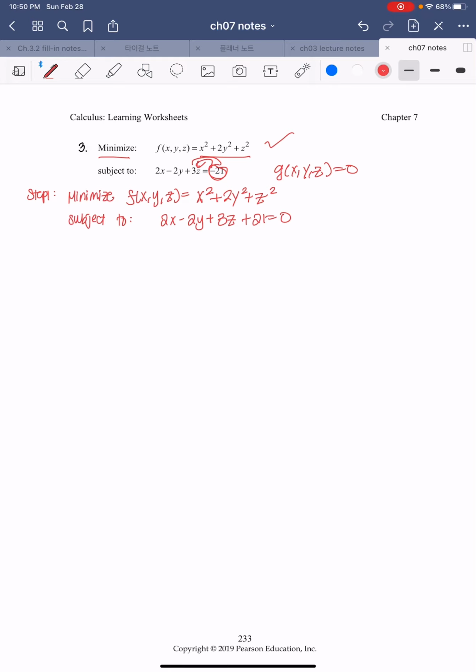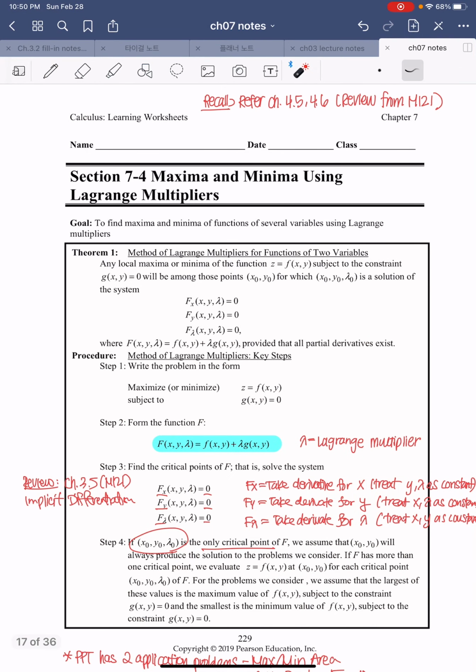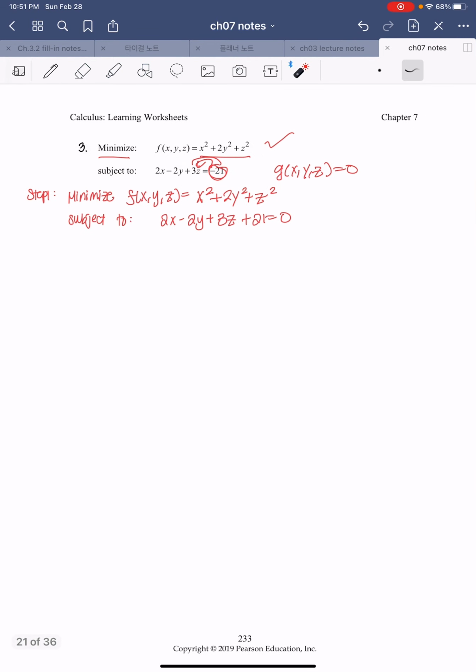Now let's come up with our Lagrange multiplier equation, which is highlighted in blue. Okay. So I'm going to use the minimizing function for the first term and then the subject function on the second one, multiplied by our lambda. Step 2. So my f of now x, y, z, lambda, because there's 3 variables, plus the lambda.